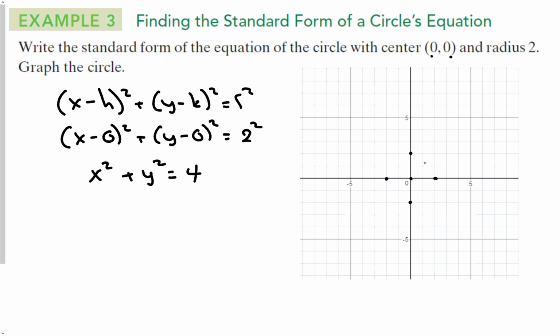But I'm really not sure where 2 is if it's not on one of the axes, on the x-axis or on the y-axis. So those are going to be the 4 points that I'm going to use to draw my circle. And all we have to do now is just put a nice smooth curve through this, and we get a good circle. Yes, I cheated a little bit with some of my drawing tools, but we get the idea. Just do your best.